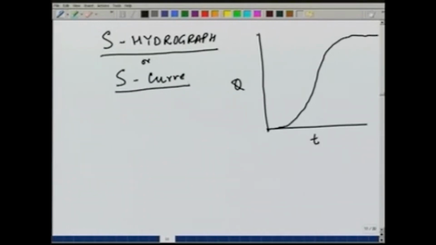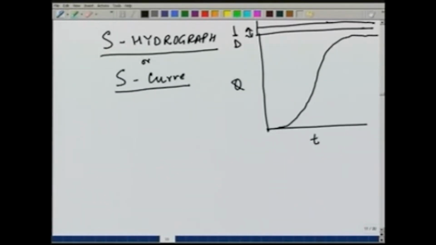The ERH for this case is a rainfall of infinite duration with certain intensity, let us say 1 over d.